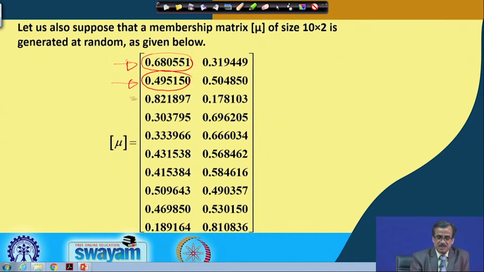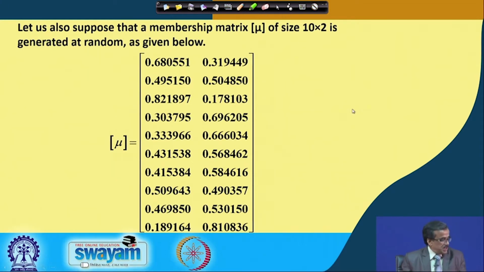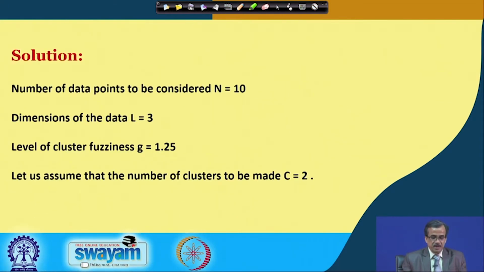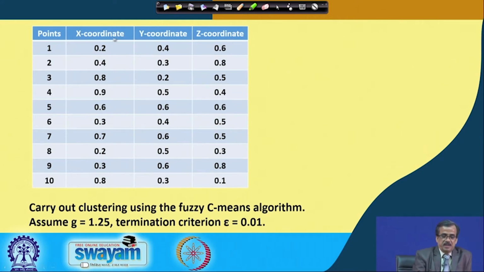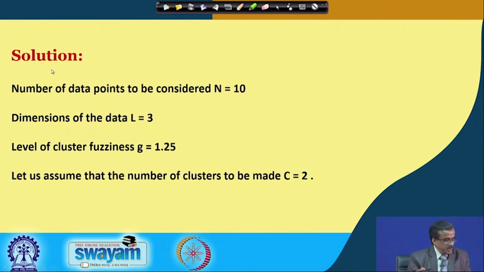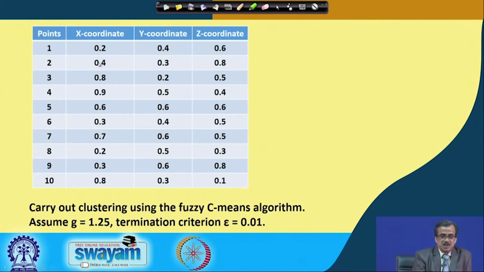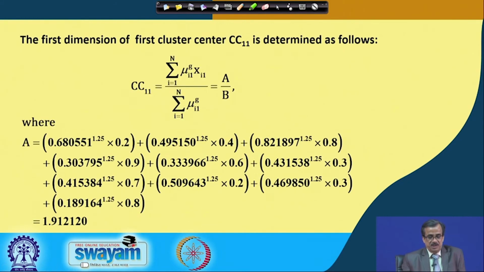Corresponding to the first data point, the x dimension is 0.2, for the second data point the x dimension is 0.4, for the third data point the x dimension is 0.8, and so on. Now, I am just going to use all such information here.